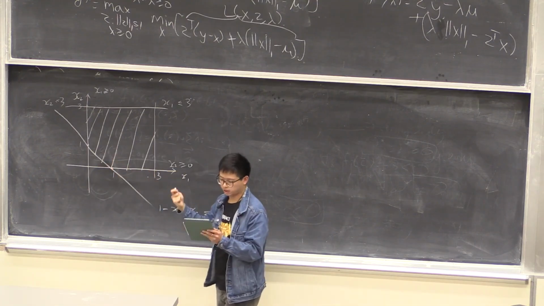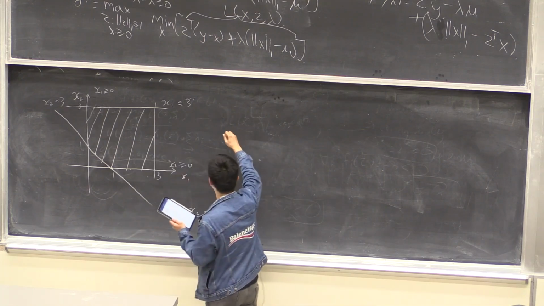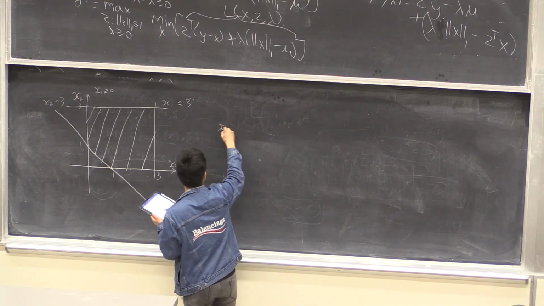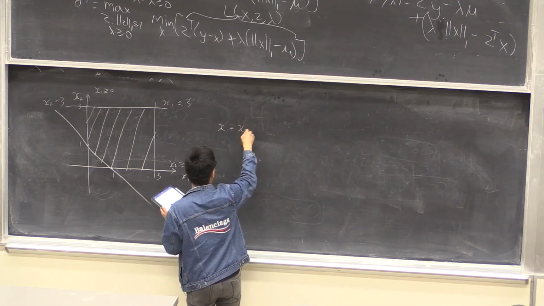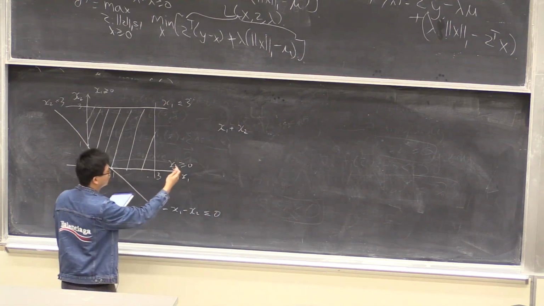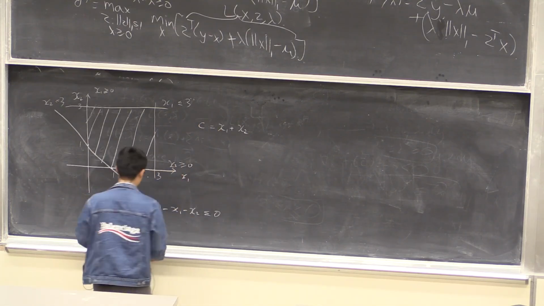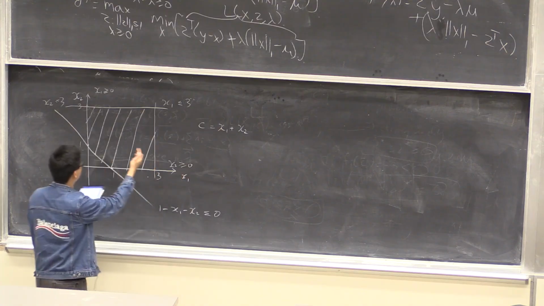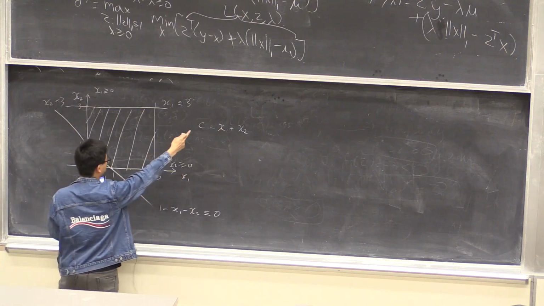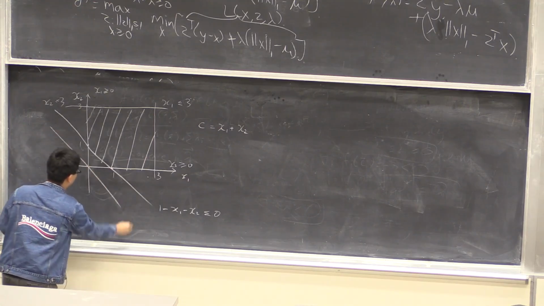Another way to think about it is that the objective function is just x1 plus x2, right? We can plot this line: if we take c equals this constant to be 0, then it's this line, right?